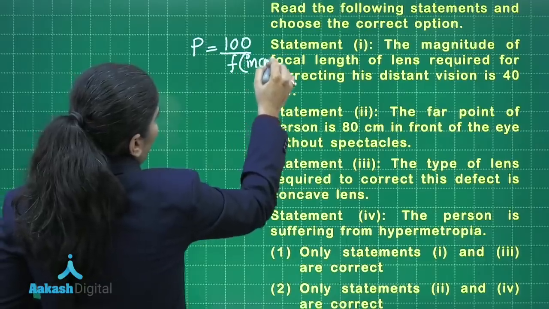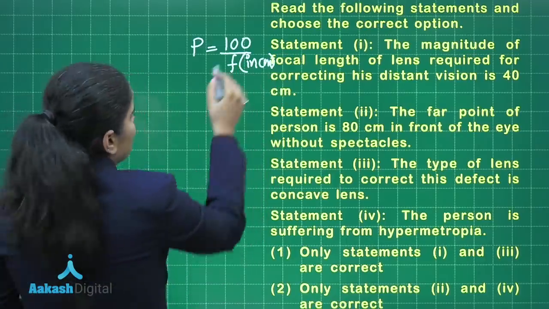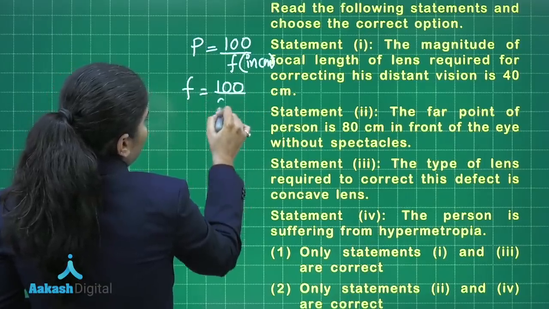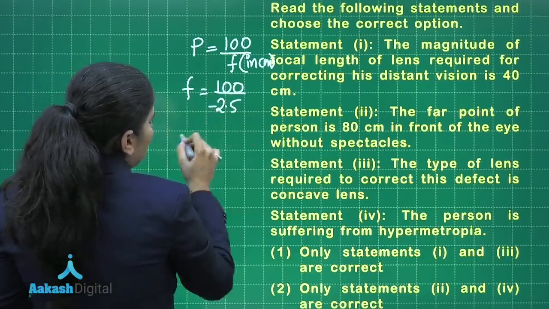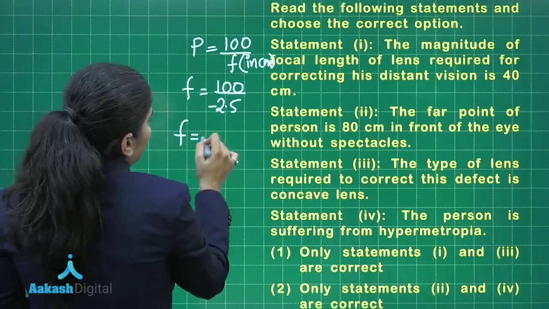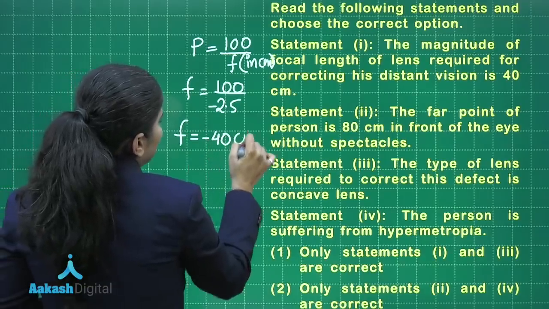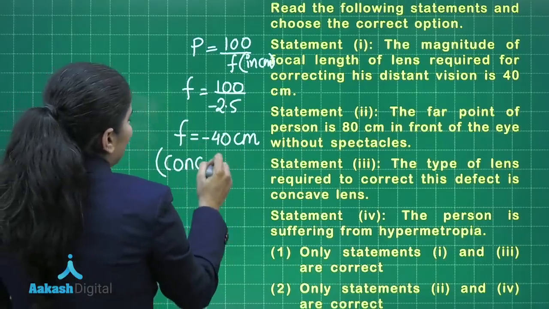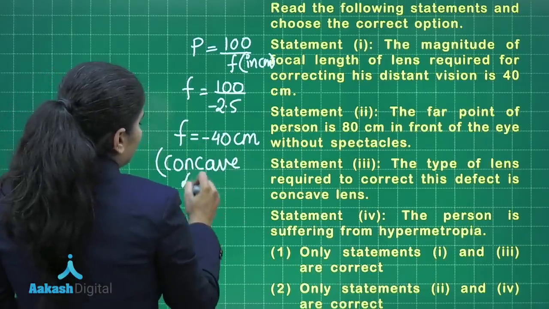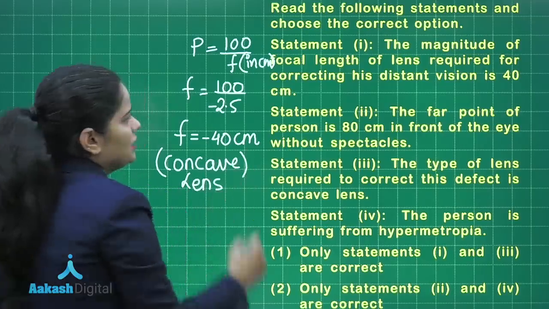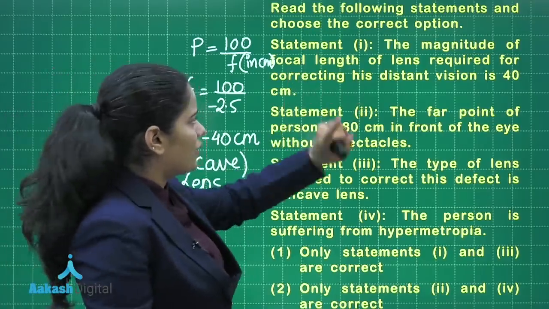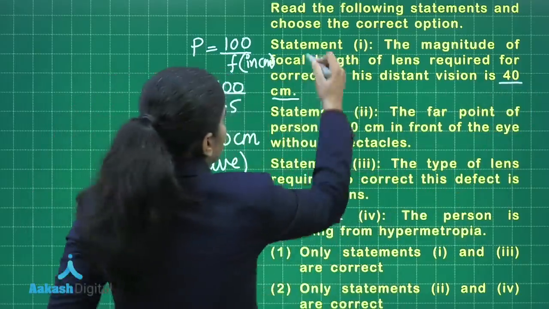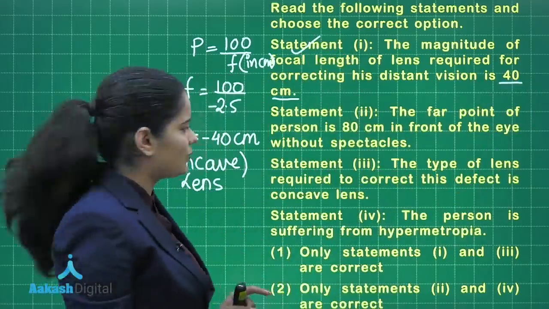In the case of this myopic person, F is going to be 100 upon minus 2.5, so F will simply come out to be minus 40 centimeter. Again the negative sign shows that it is a concave lens. So the magnitude of the focal length of the lens that we have calculated comes out to be 40 centimeter and hence this statement is correct.